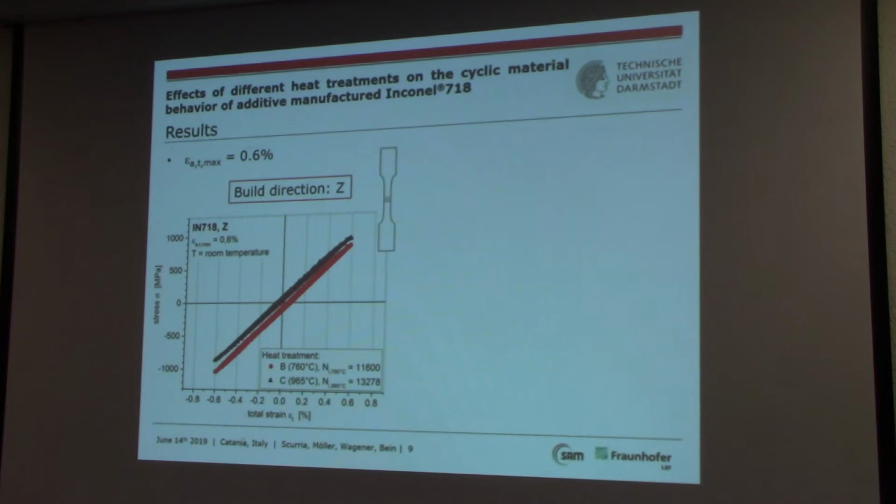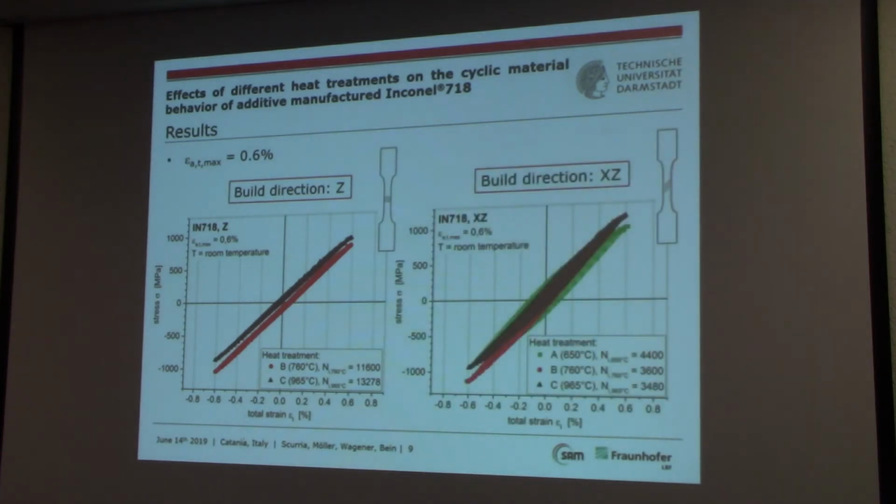Going on at 0.6% of the maximum strain amplitude, we see some plasticity occurring, and the hysteresis starts to be visible. Unfortunately here we have no data for the heat treatment A, but we can see, for example, what happens in the XZ direction.